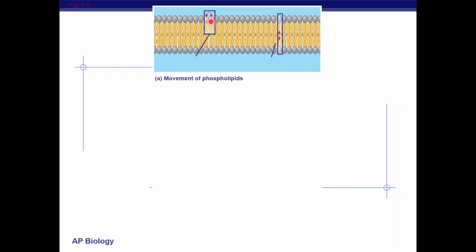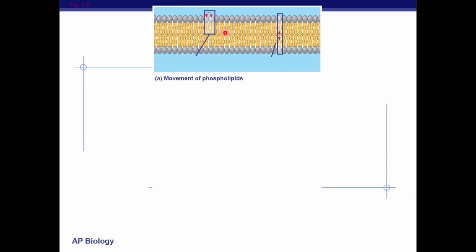These guys just kind of switch places, or these two will switch places, or these two will switch places. The lateral movements can occur about 100 million times per second, but there's also a flip-flopping that can occur. So this phospholipid can switch places with that phospholipid. This flip-flopping is only going to occur maybe once per month. So the lateral movements are definitely a lot more common.